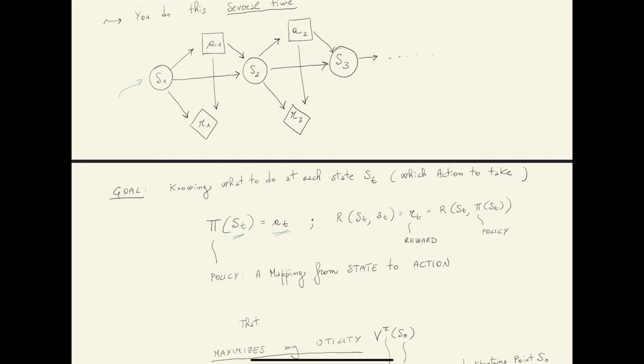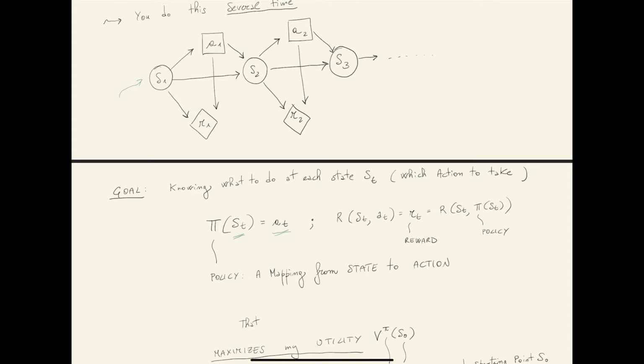And so, given that At is the policy given the state St, we can rewrite the reward function as a function of the state itself and the policy function of the given state at time step t.